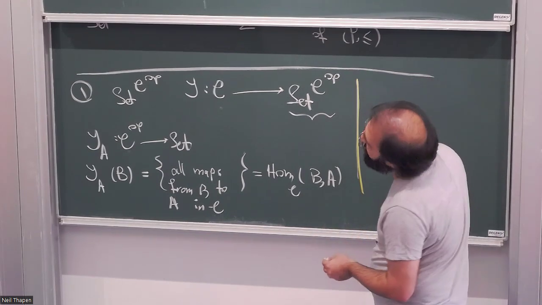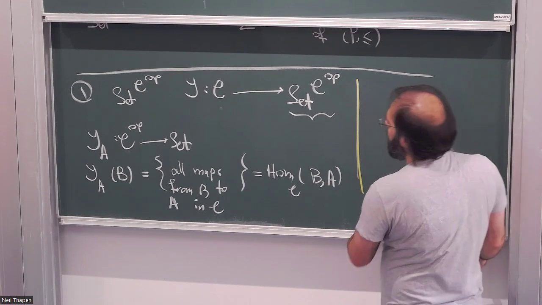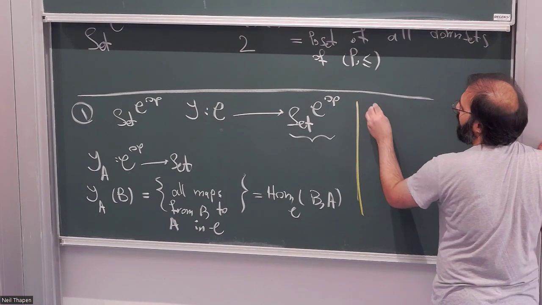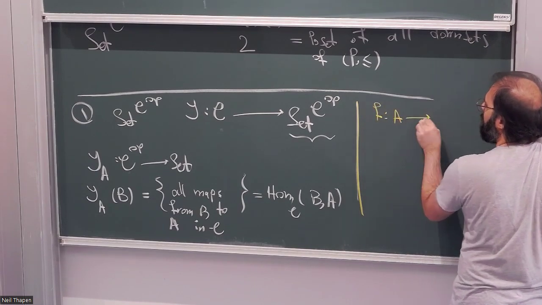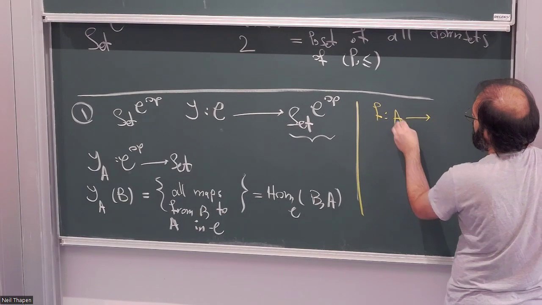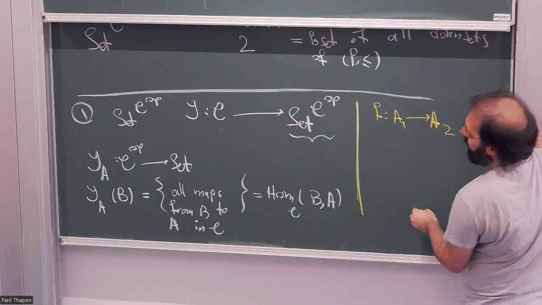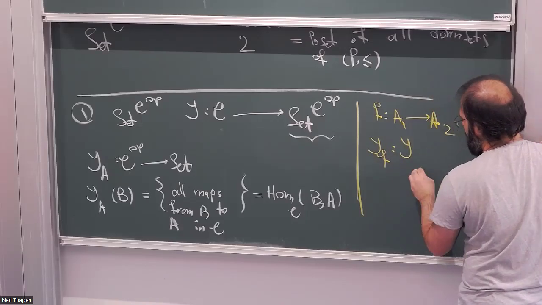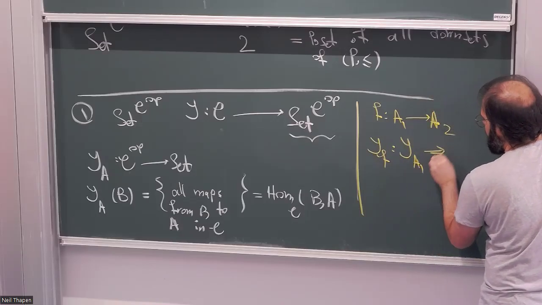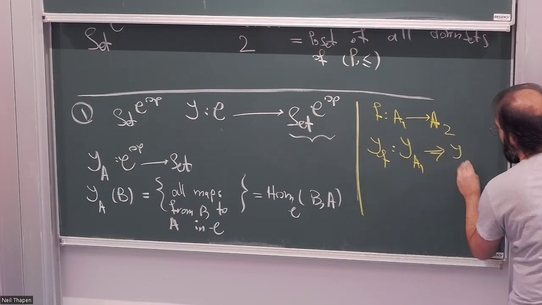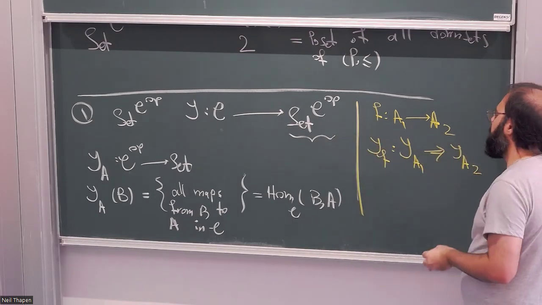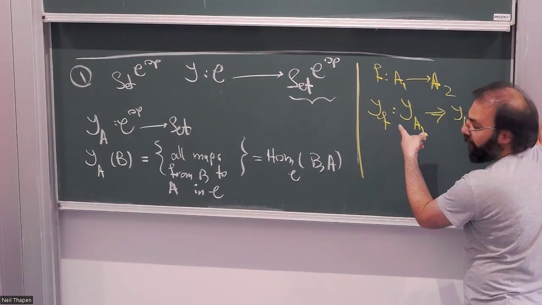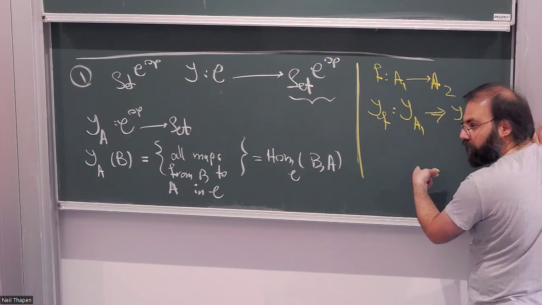And then on morphisms, I have to define my Y. Let's say that I have F from A1 to A2. Then my YF must go from YA1 to YA2 as a natural transformation, because we live here. How to define that? If it's a natural transformation, I have to define it for any object in a natural way.